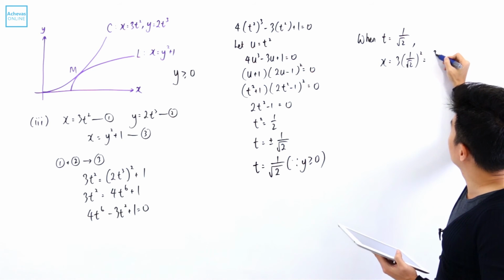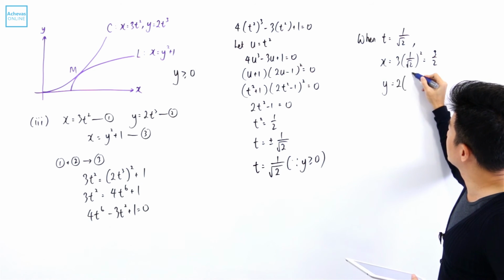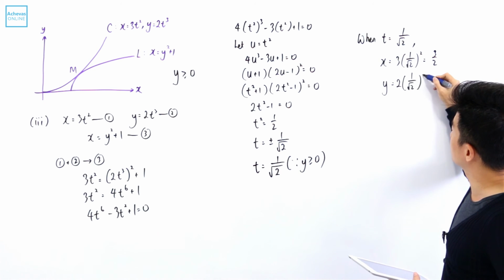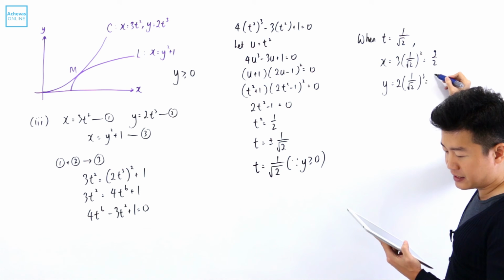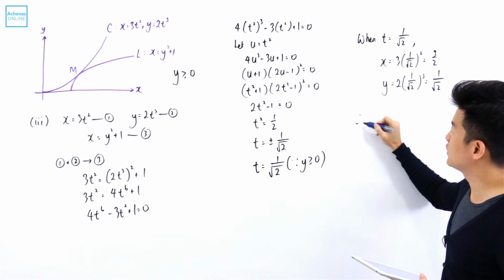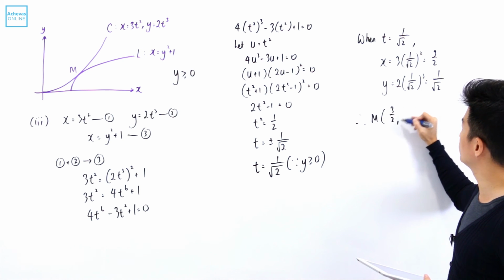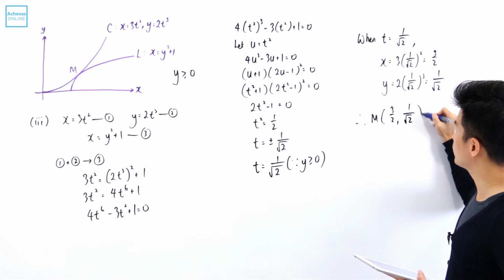This is 3 over 2. And y is going to be equal to 2 times 1 over square root of 2 to the power of 3, and this is going to be 1 over square root of 2. And that is why the exact coordinate of M is 3 over 2 and 1 over square root of 2.